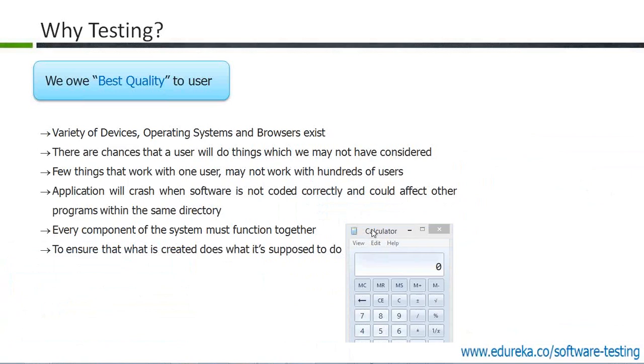And then thirdly, a few things that work with one user may not work with hundreds of users. Let's take a bank example.